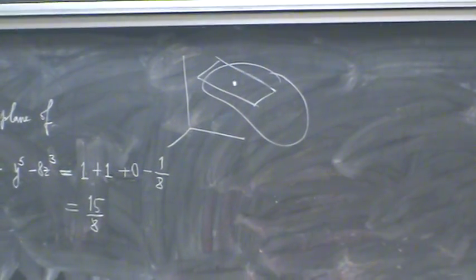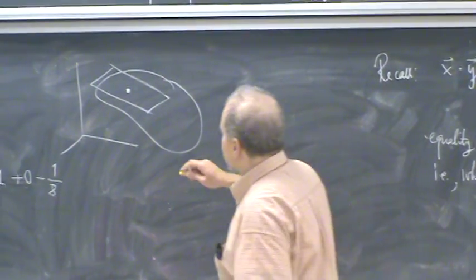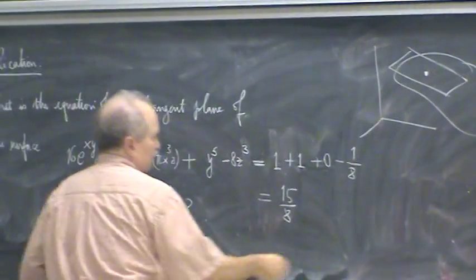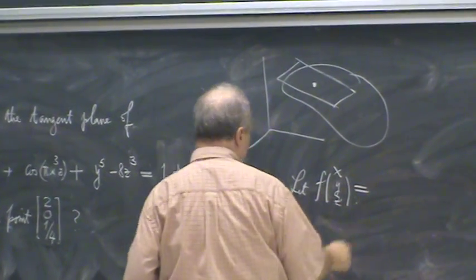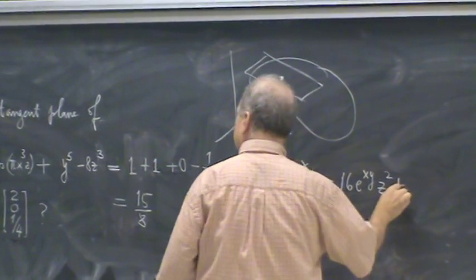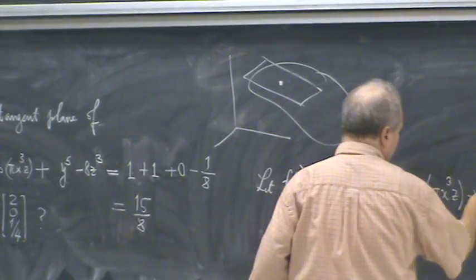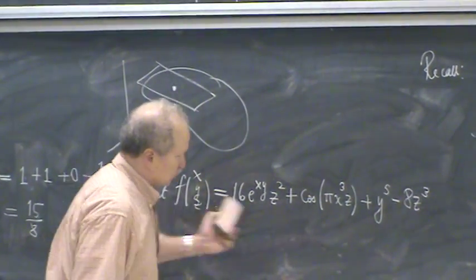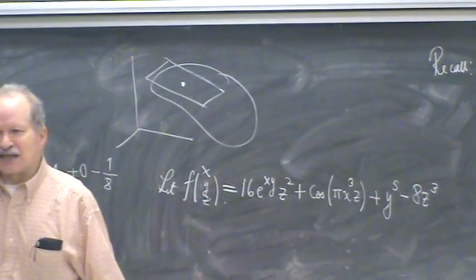What information do we have from what we've done today? The gradient. So we have a gradient of this function, which is orthogonal. So if I let the function of x, y, and z be this horrendously absurd thing, let f be this, it's certainly C1, because all these things are built out of sines, cosines, exponentials, polynomials.